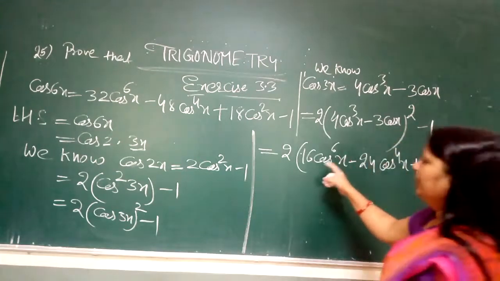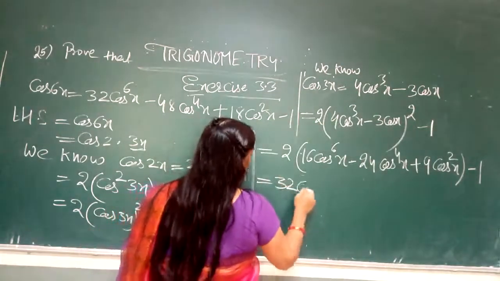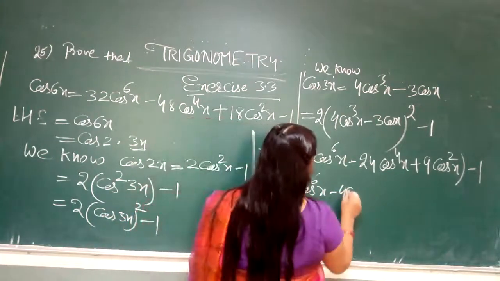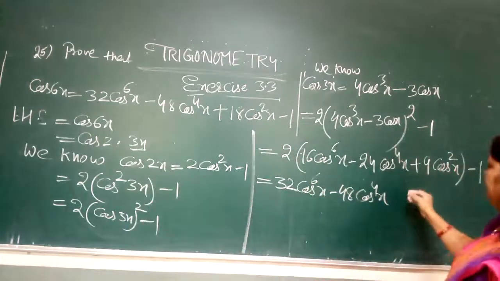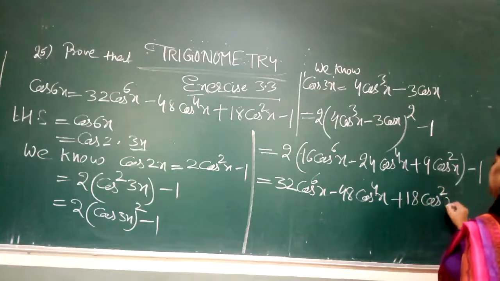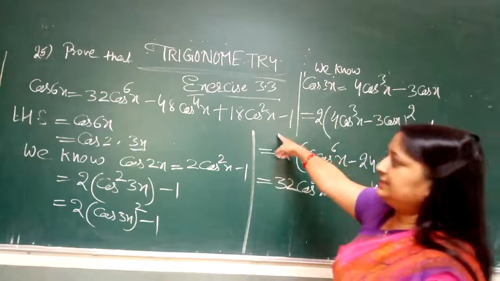Now open the bracket, it will come 32 cos raised to power 6 x minus 48 cos raised to power 4 x plus 18 cos square x minus 1. And you can see here, this is your right hand side.